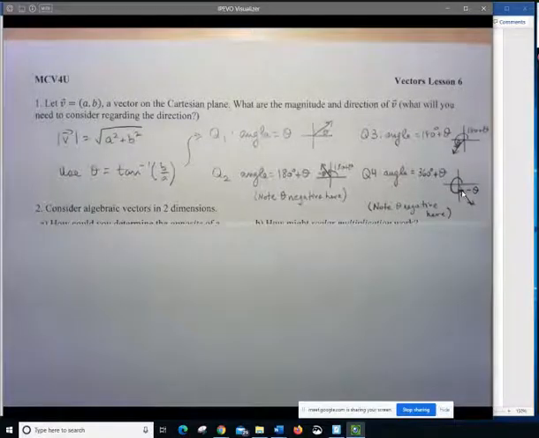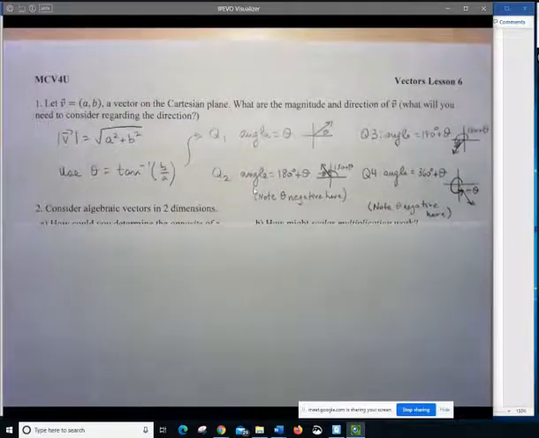So what we're seeing here is, I would say, the disadvantage of using this method of defining vectors, because when you want something that's often very important, say the magnitude, you have to do a little bit of work to get it. Not much, but still some work.